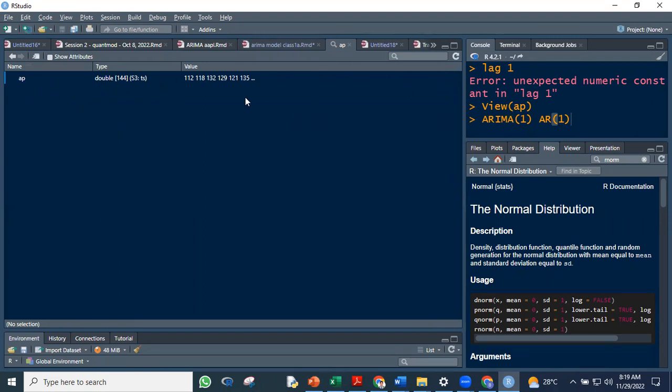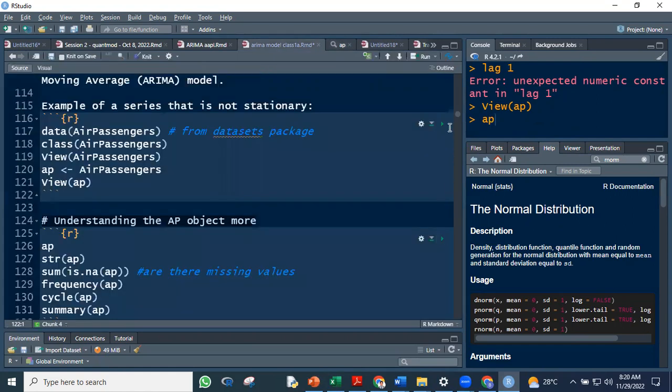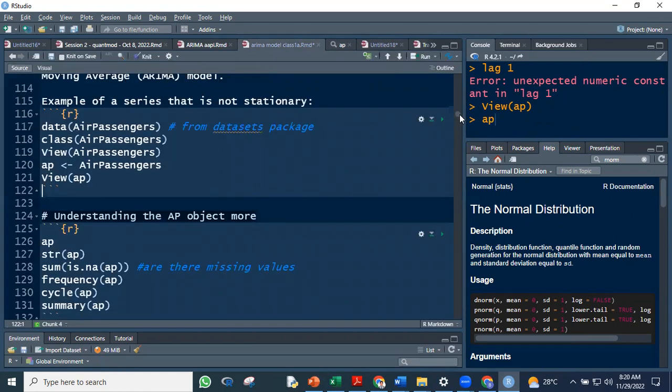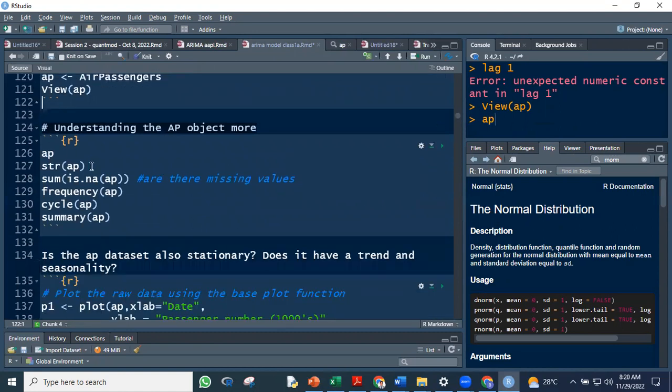I haven't checked kung why when you use the function view, automatically dapat pinapakita niya yung spreadsheet ng AP. Siguro bagong modification to ng R. I'm not sure. Pero so that's why we just kunin na lang natin yung AP.